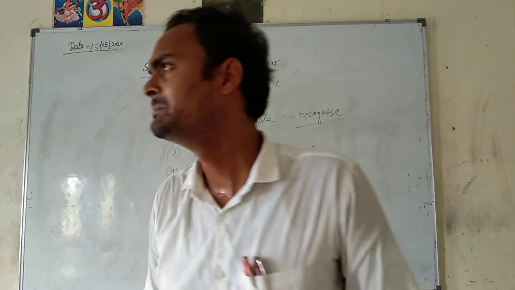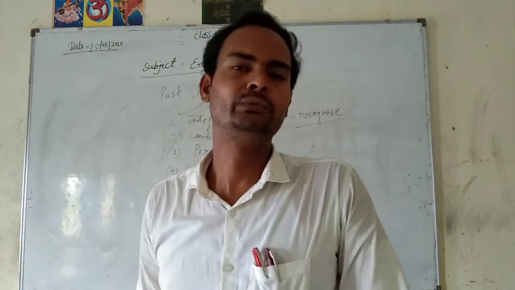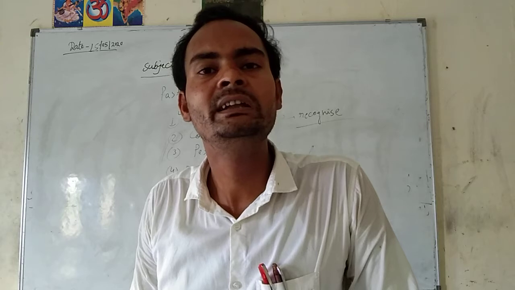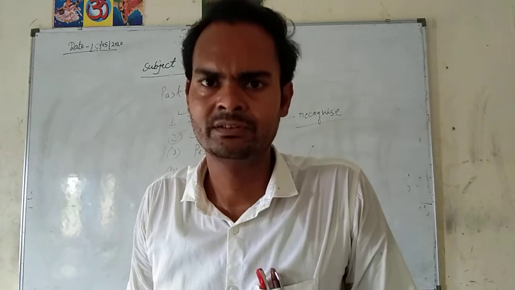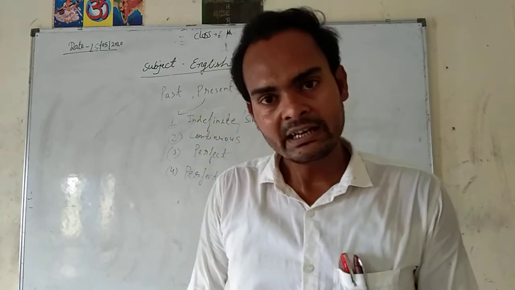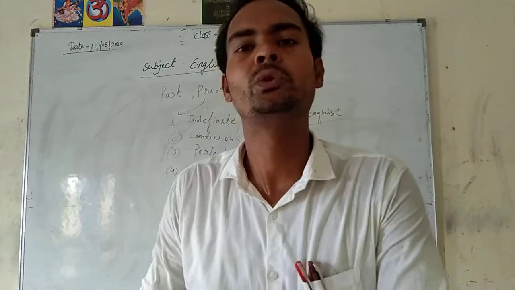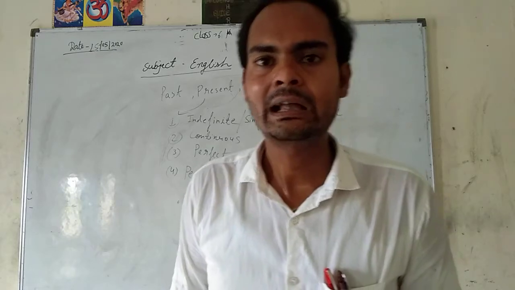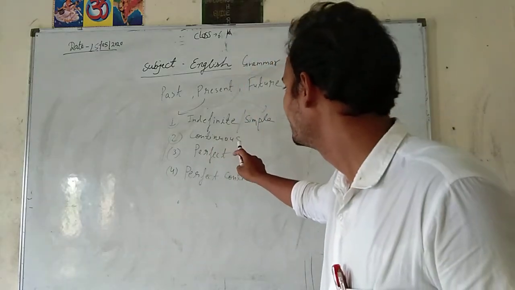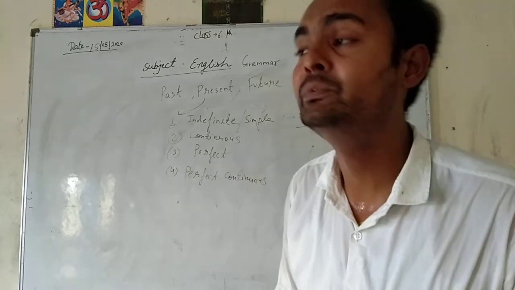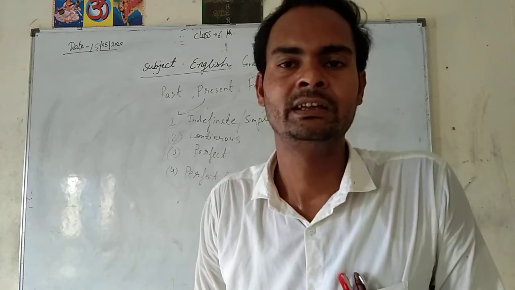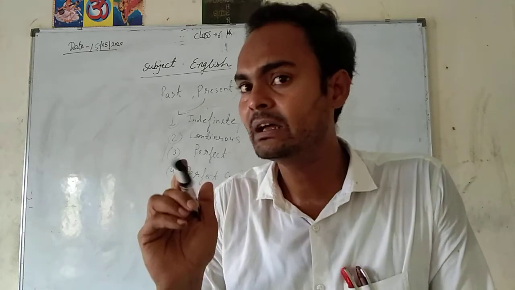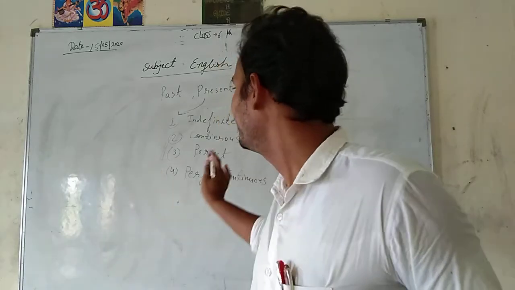I have some examples, like I have done this work, he has completed his work, she has prepared lunch. So sentences in which the work has been accomplished or finished or over or completed are in the category of present perfect tense. So we can recognize that this is a sentence of present perfect tense.